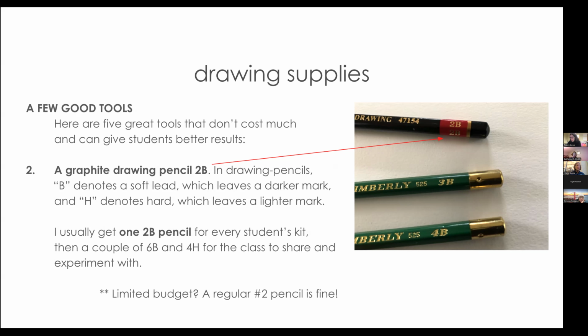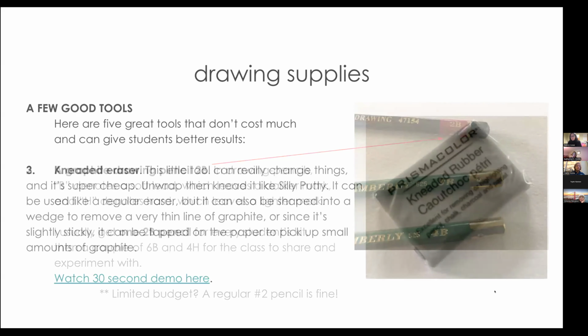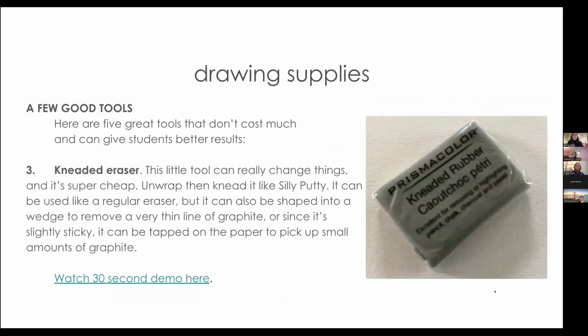So what I would recommend is to give each student, like in a kit, just a standard 2B pencil, and then maybe offer some other pencils for people to use. If you don't have enough to put one in everybody's kit, let them share some of the other pencils, or a super soft one and a super hard one for those other purposes. And then there's something called a kneaded eraser.